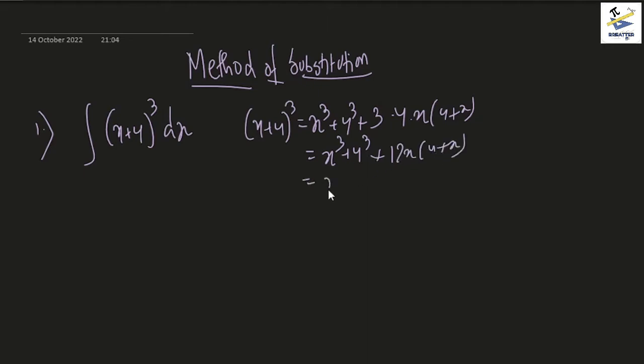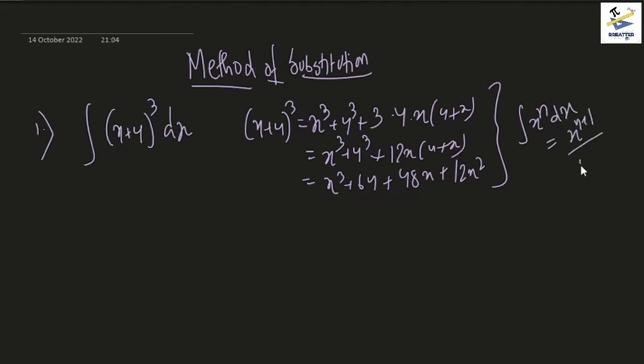So you can break it down as x cube plus 64 plus 48x plus 12x square, and then you can integrate all of the terms separately, because all of them are just constant times some power of x, and we very well know that the integration of x to the power n is simply x to the power n plus 1 by n plus 1 plus c, right?